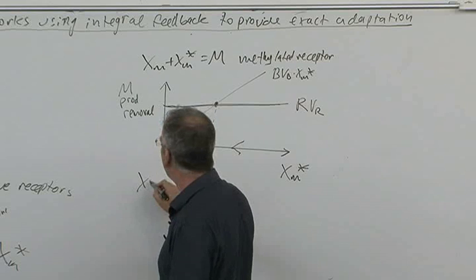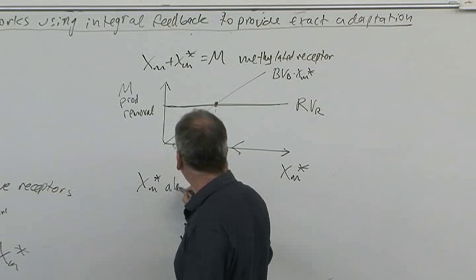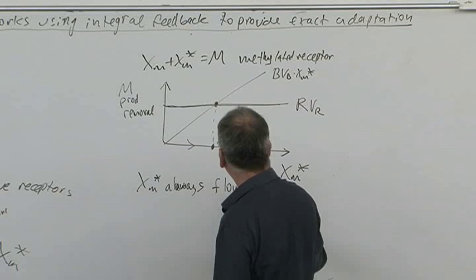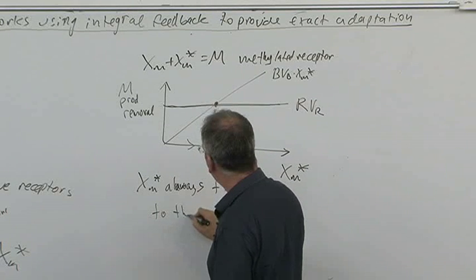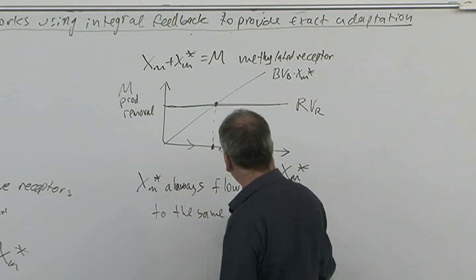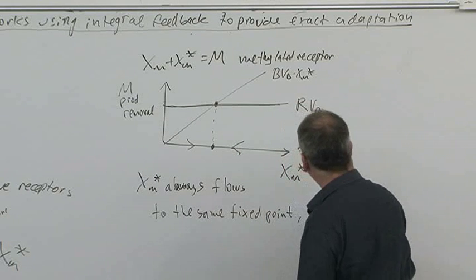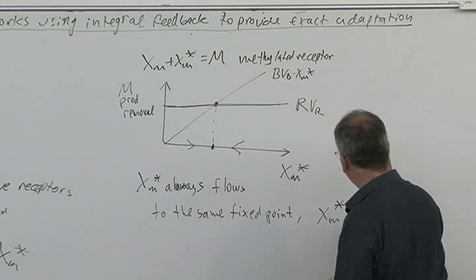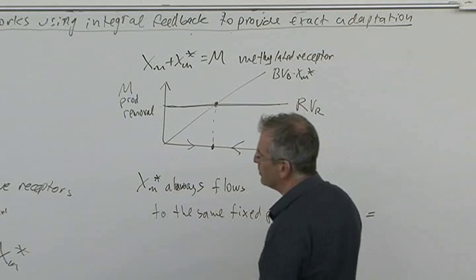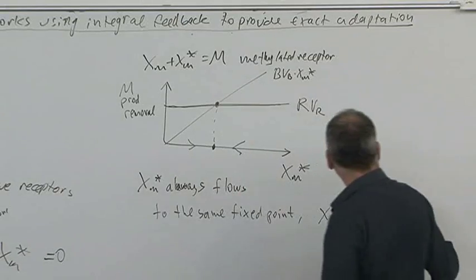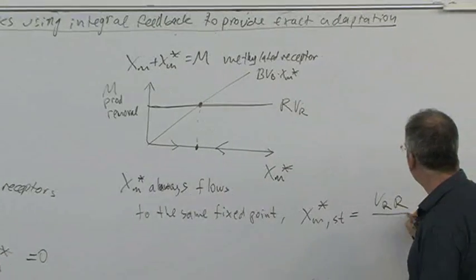XM star always flows to the same fixed point, the XM star steady state, which is equal to VR R divided by VB B.